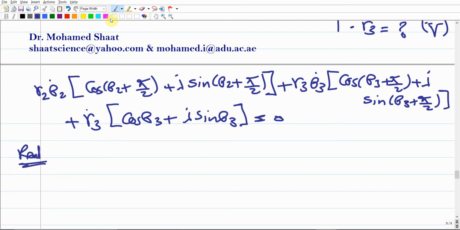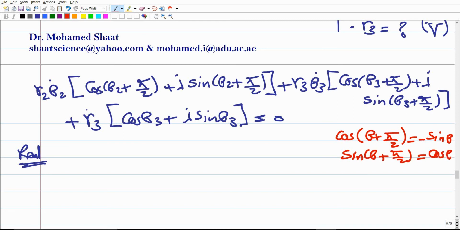But there are some relations here that we have to recall for this part. As we mentioned, the cosine of theta plus pi over 2 gives negative sine theta, while the sine of theta plus pi over 2 gives the cosine of theta. Just record these quantities and use them here.